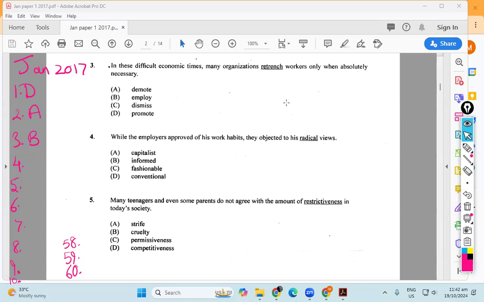So the opposite of restrictiveness and restriction is letting people do what they want. So permissiveness, right? So 5 is C. Okay, so 4 was conventional, D, and 5 is C, permissiveness, right? All right, let's go on to the others.